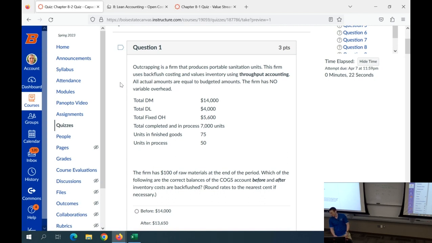I don't know what's wrong with him. Anyway, this looks exactly the same as an 8-1 question. The only difference is the bolded phrase there. This question says the firm uses throughput accounting. And so we're going to do basically the same thing that you do in 8-1, but we're going to say, wait, our dictionary has changed. Product costs are not direct materials, direct labor, and variable overhead. It's just direct materials. So you do the same things as we did in 8-1, but you're just going to say only this $14,000 is a product cost.